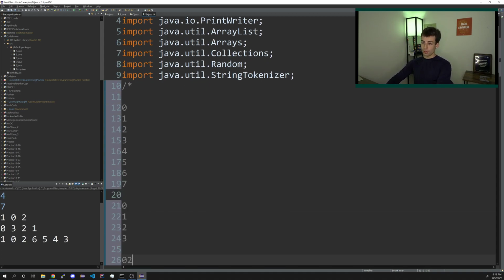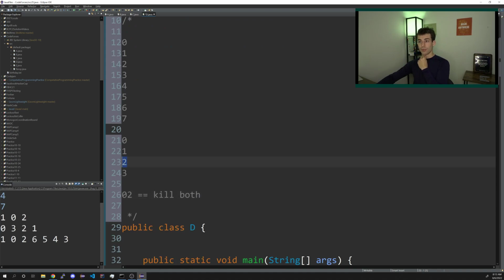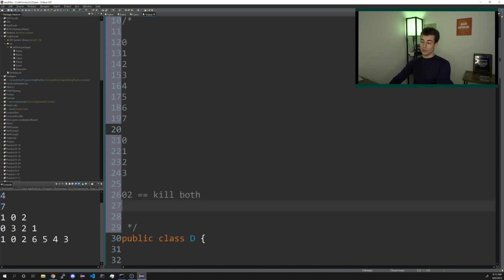Okay, so if we do 0, 2, and they're equal, then kill both. Right? Because then they're either both 1s or both 0s. And then if 0 is greater, then we kill 2 and 1.